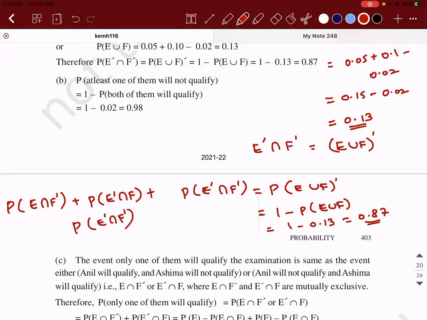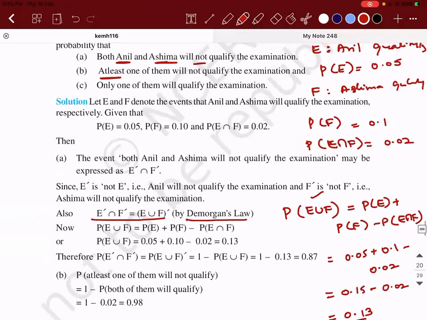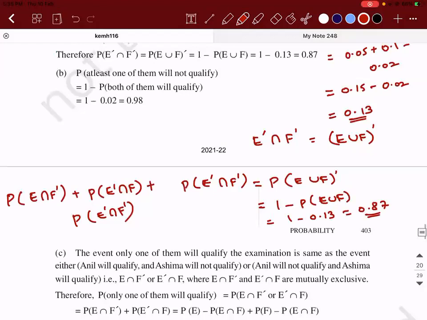That is the actual meaning. I'm not saying I'm going to do it in this way. Try to understand the meaning of the statement that they gave. At least one of them will not qualify means E can qualify, F cannot. That is, Anil can qualify, Ashima will fail. Anil will fail, Ashima will pass, or both will fail.